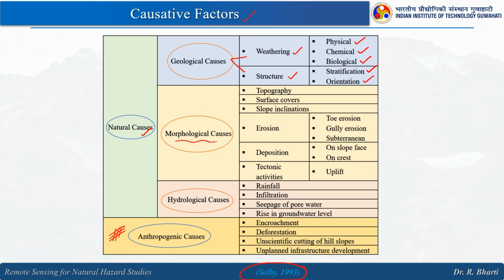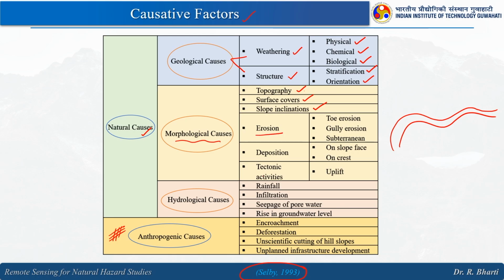Then when we talk about the morphological causes, here you have topography, because the surface is always getting modified because of the natural agents, right. So, the topography is getting changed. Then surface covers, slope inclination, the slope angles, that is getting changed.